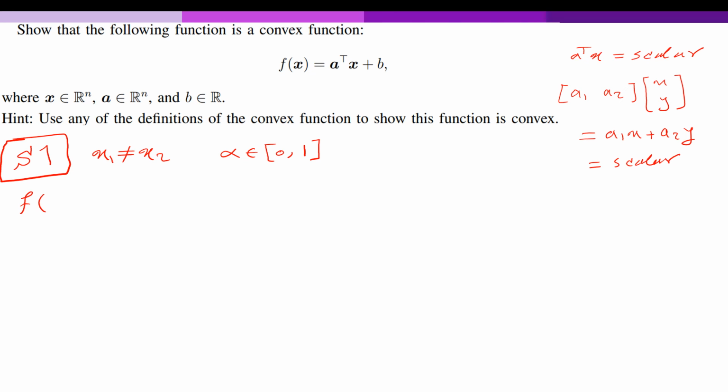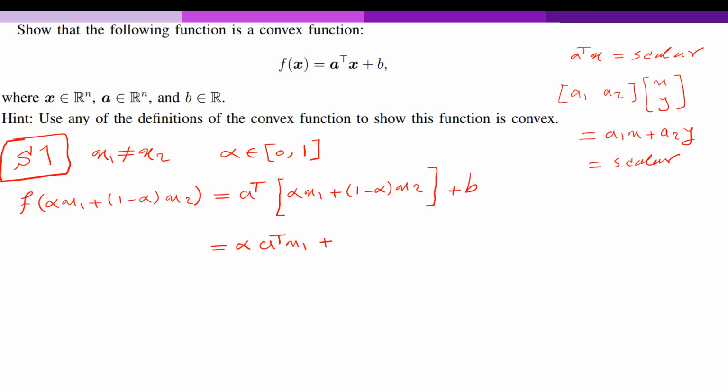So f of alpha x1 plus 1 minus alpha x2 is equal to a transpose (alpha x1 plus 1 minus alpha x2) plus b, which, alpha is scalar, so alpha a transpose x1 plus 1 minus alpha a transpose x2 plus b.